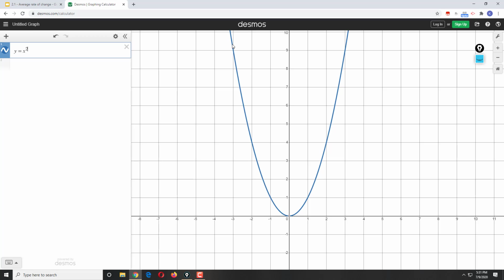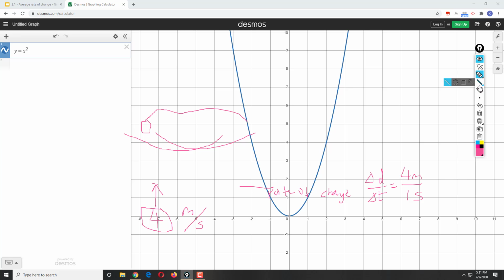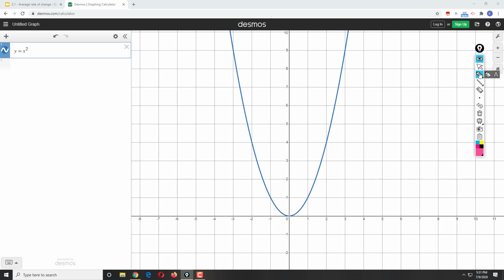At the beginning, it's coming down really quickly, and then it slows down, and then it goes up, and it goes up faster and faster and faster. For example, if we look at our line around, say, x equals 3, our line is going up pretty quickly. But if we look at our line at x equals 0.5, it's going more slowly.